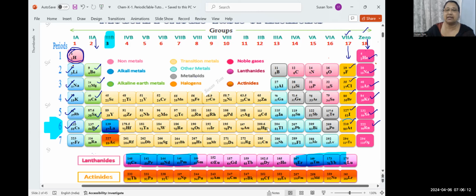If these 14 are placed along with this lanthanum here, then the periodic table may have to be cut apart and 14 more places inserted there. Then our periodic table would not be fitting into this. It will be a very big, or we say very wide table. Then study will be difficult.